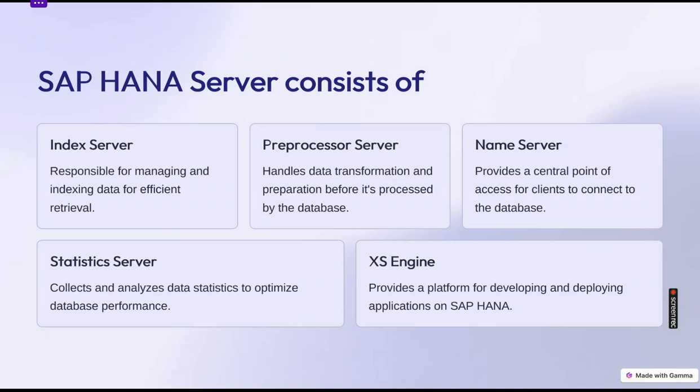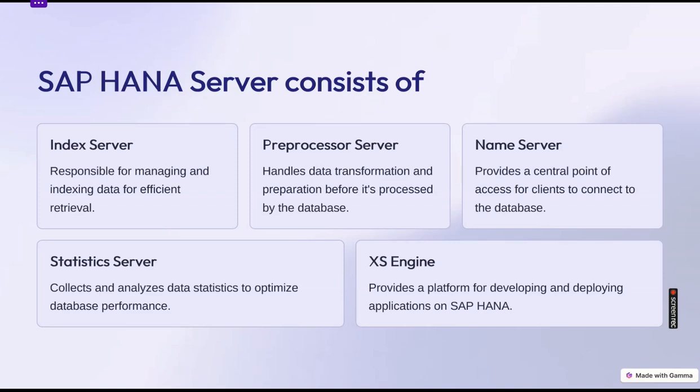Because you may create the data in any format, in any kind of structure. Now, in order for that data to be recognized by the database architecture, there should be something which will convert that data into the compatibility mode of the database architecture. So that work is done by the preprocessor.